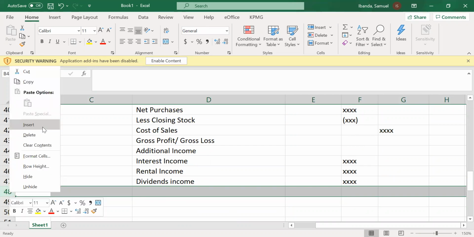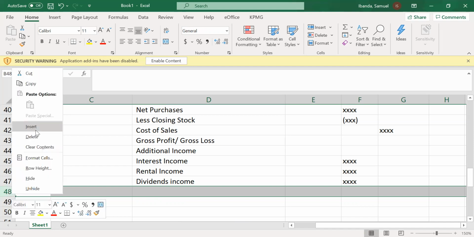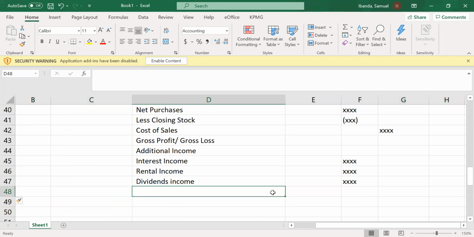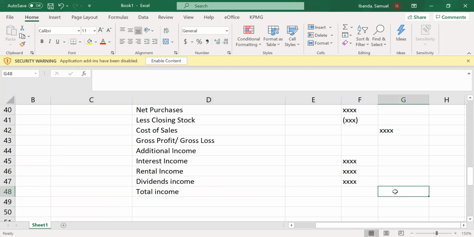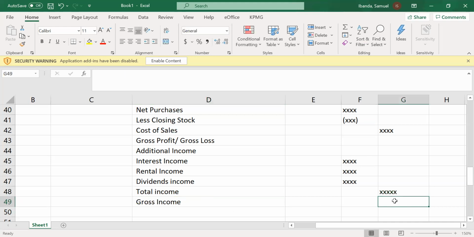And yes, companies are allowed to buy shares in other companies. That's why when MTN listed its shares, we saw that most of the shares were actually bought by NSSL, which is a company on its own. So companies can also buy shares in other companies. We can have that. Then you have your total income, which you add to your gross profit, and then have your so-called gross income, okay?